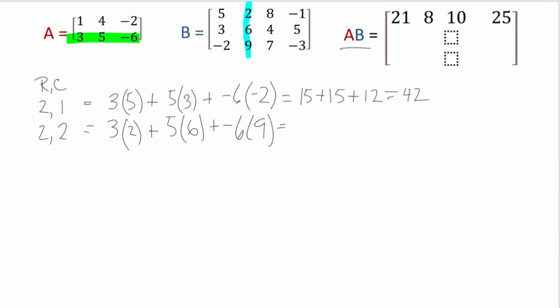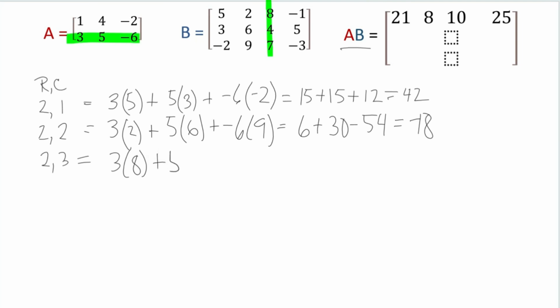That will equal 6 plus 30 minus 54, which equals negative 18. Row 2, column 3 equals 3 times 8 plus 5 times 4 plus negative 6 times 7, which equals 24 plus 20 minus 42, which equals 2.